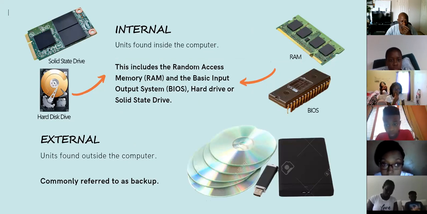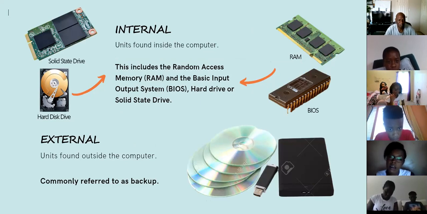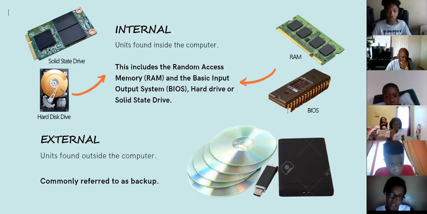So we had a hard disk drive, the solid state drive. These contain the static information, they have big storage space, so they can store a lot of information. The hard drive uses magnetic technology, solid state uses electronic technology.